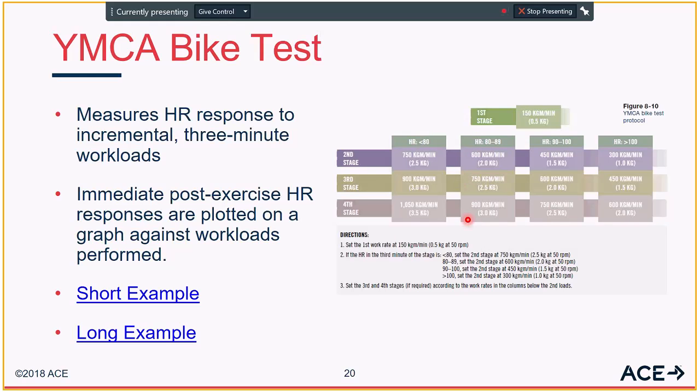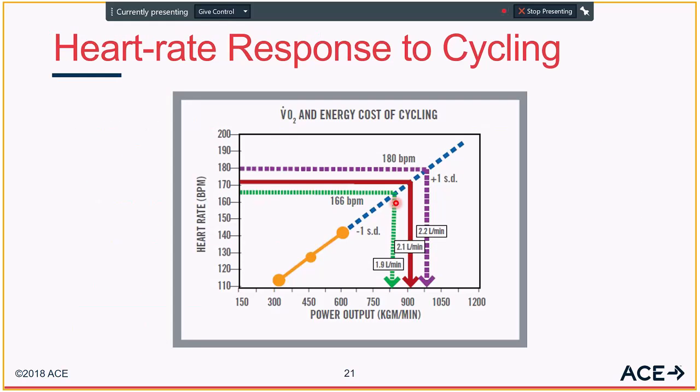So the higher your heart rate is, the less resistance you're adding over time. And then you record those heart rates, and you plot them on this chart here, and then you'll be able to find your max heart rate, what your submax VO2 would be. In this example, this person's would be just about 2.0 liters a minute.